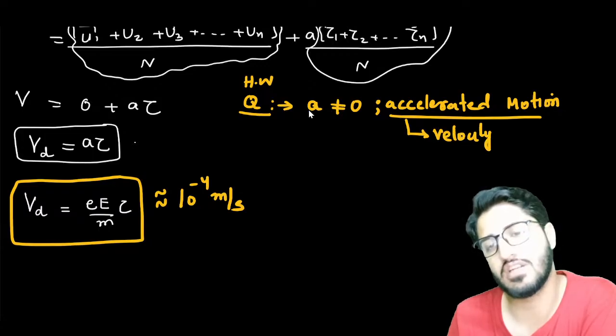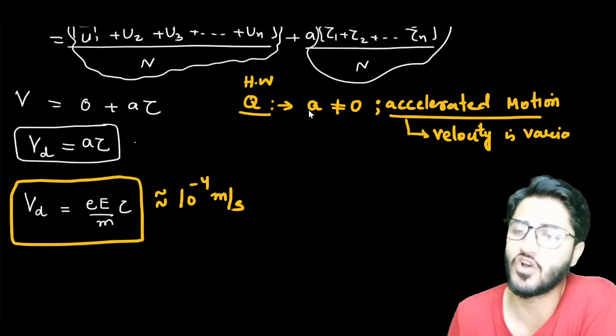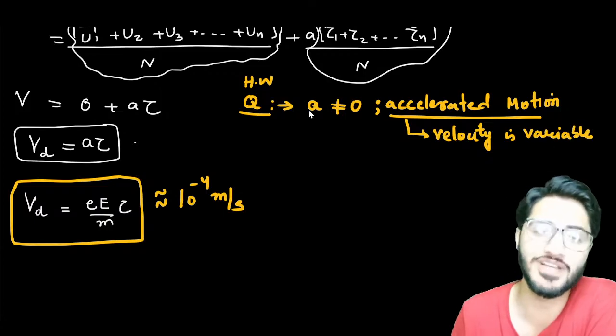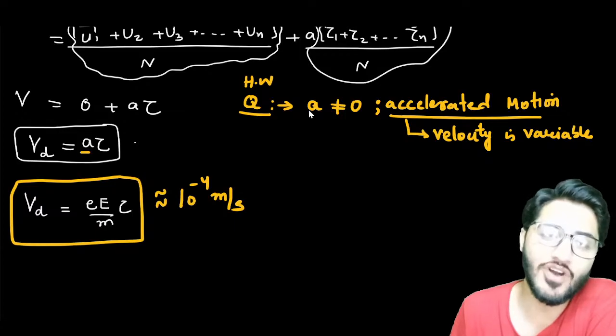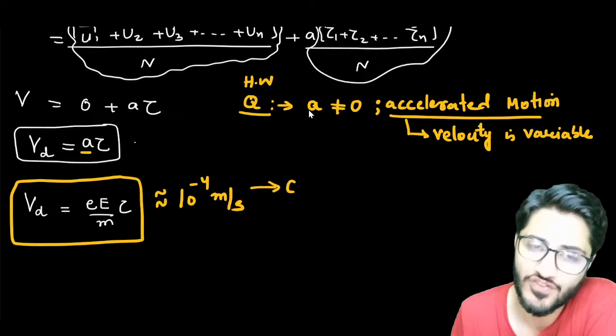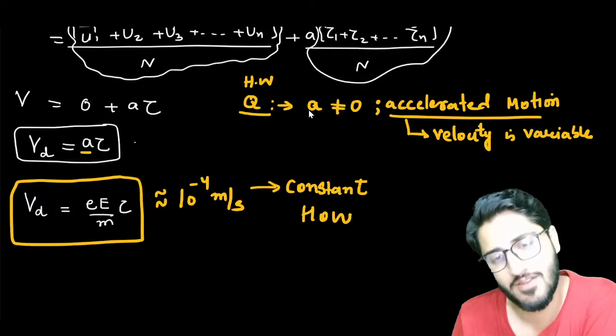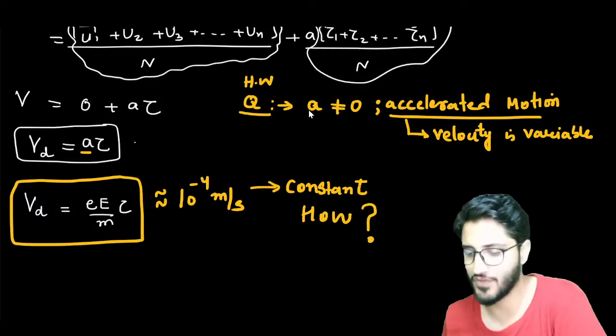It is not constant. But here you can see my electron is in accelerated motion. Still, my velocity is constant. How? You need to find this answer.